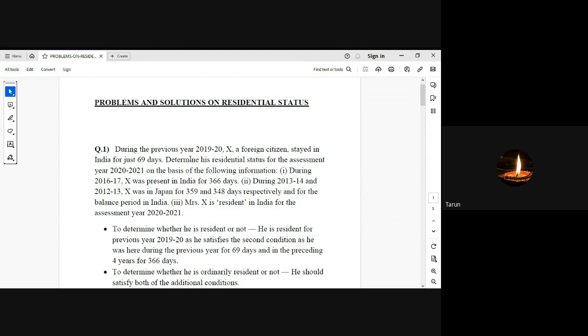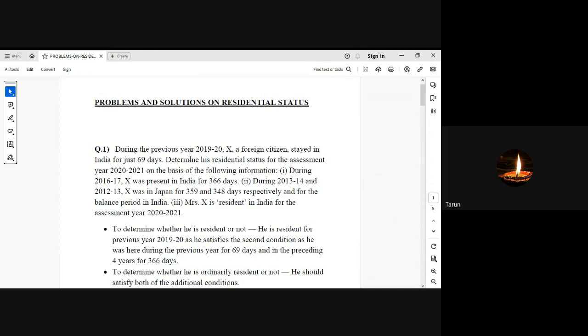Likewise, for the balance period in India, it's already written. The rest of the balance period means the number of days he stayed in India. So whatever days are spent in India will be the number of days in India. Mrs. X is a resident in India, which means the wife of X is a resident of India for the assessment year 2020 to 21.